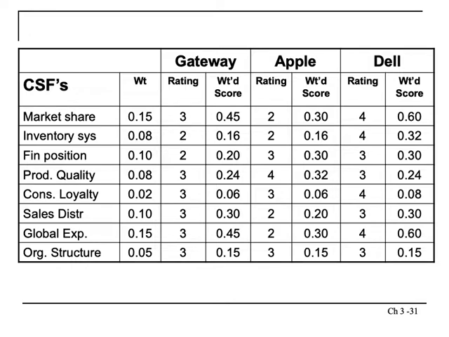Don't get fooled by the ratings. It is the weights you focus on first, because the weights tell you which factors are most important. For whom? It is the company alone.